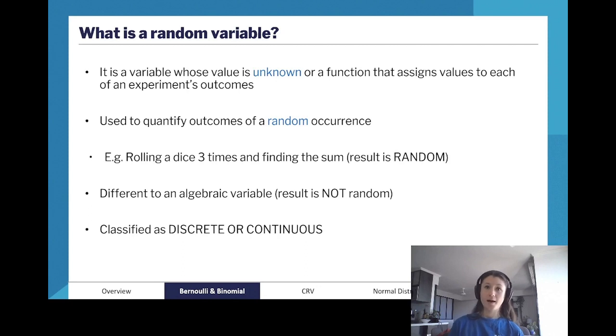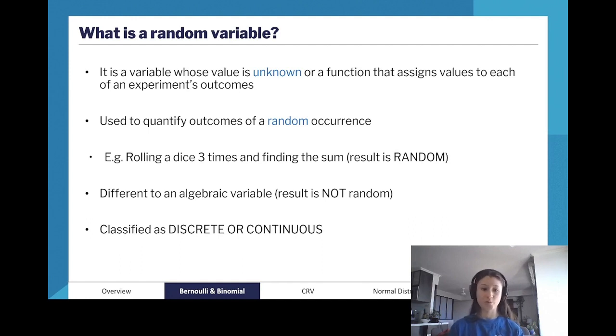So a random variable is a variable whose value is unknown, or a function that assigns values to each of an experiment's outcomes. So what this essentially means is that our outcomes are a random occurrence, right?